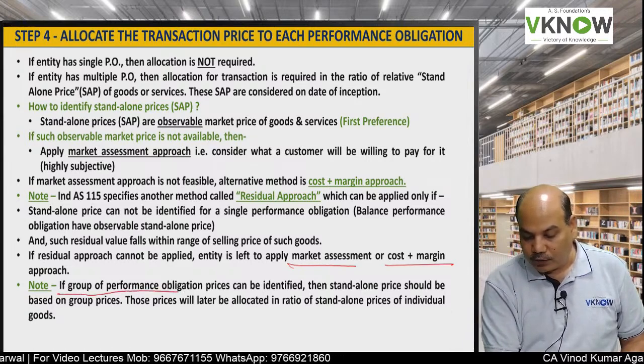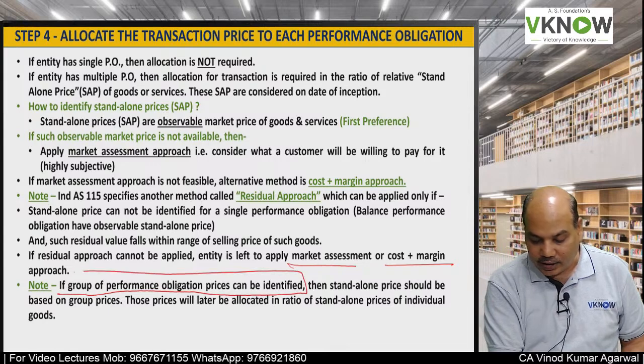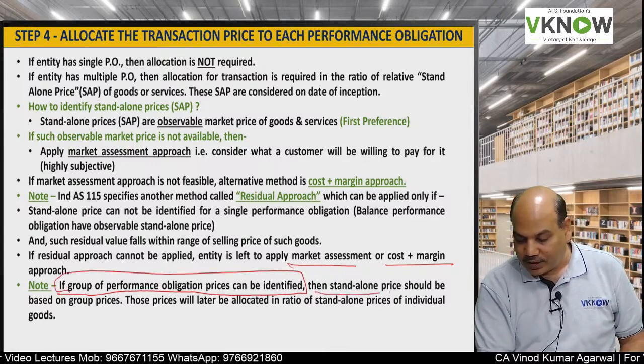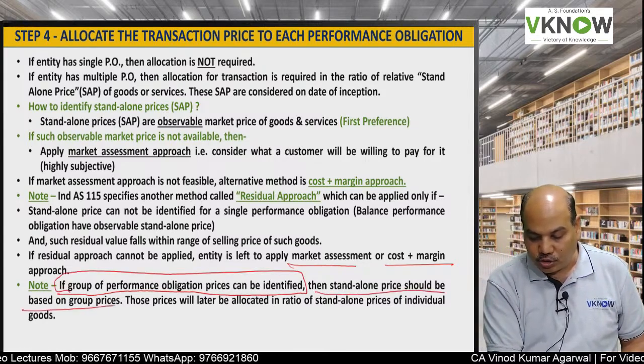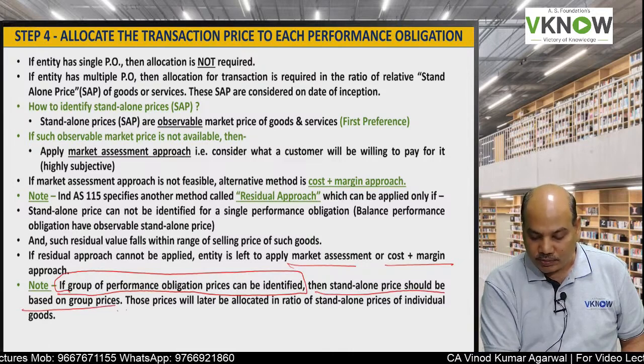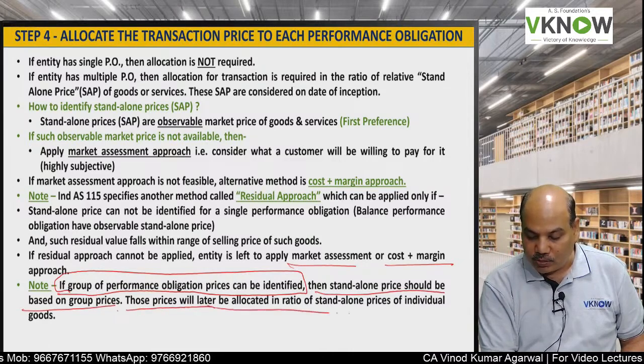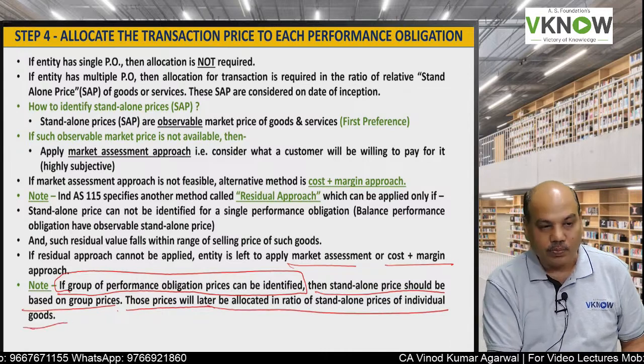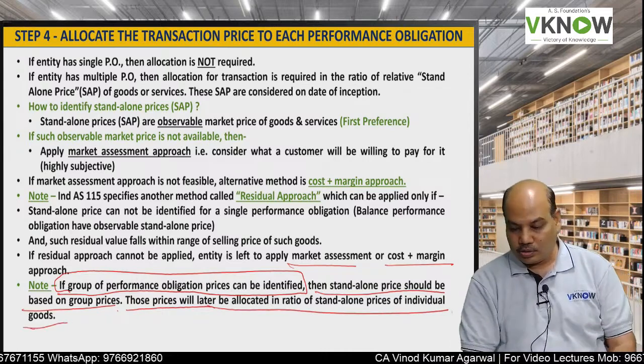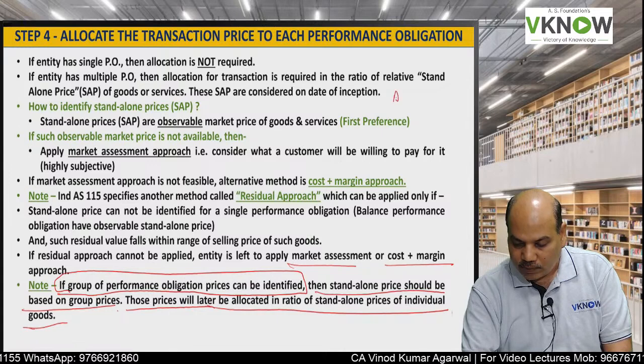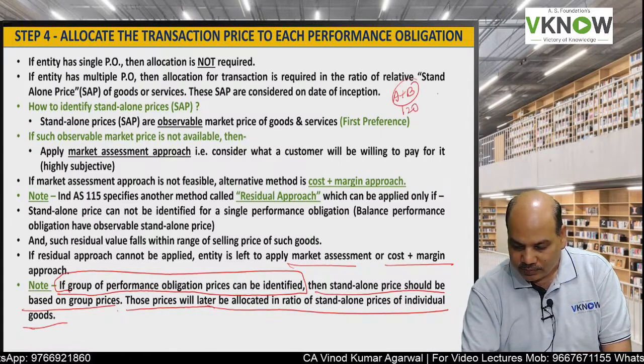If a group of performance obligations can be identified, then the standalone price should be based on group prices. These prices will later on be allocated in the ratio of standalone prices of individual goods. So A plus B is sold for 120.